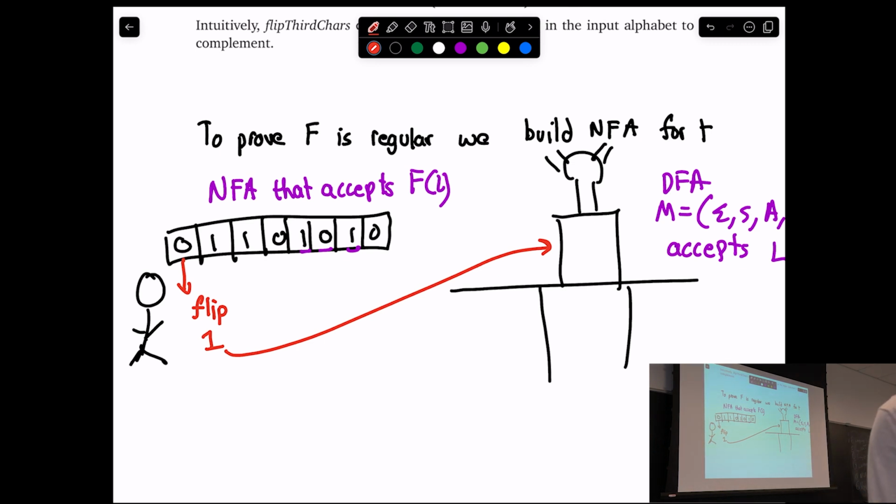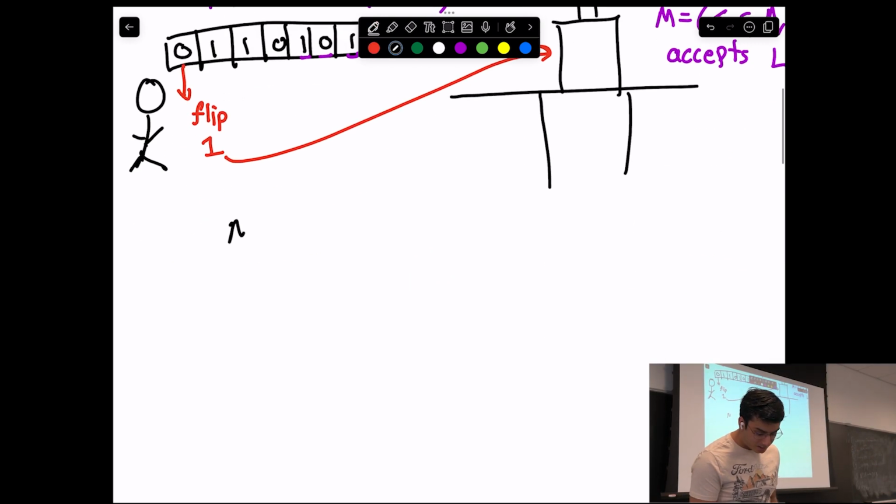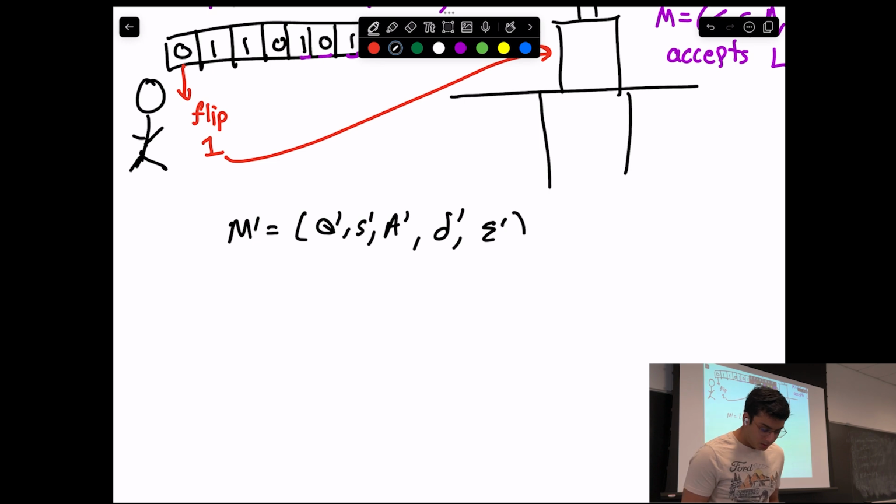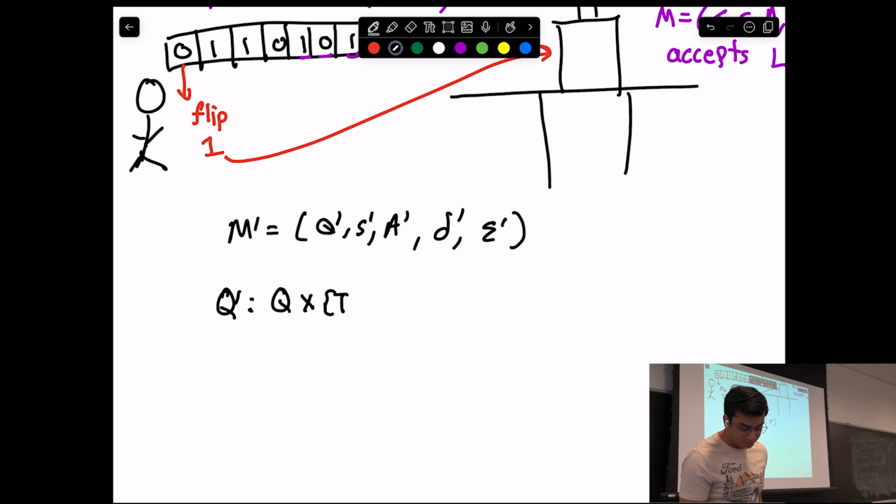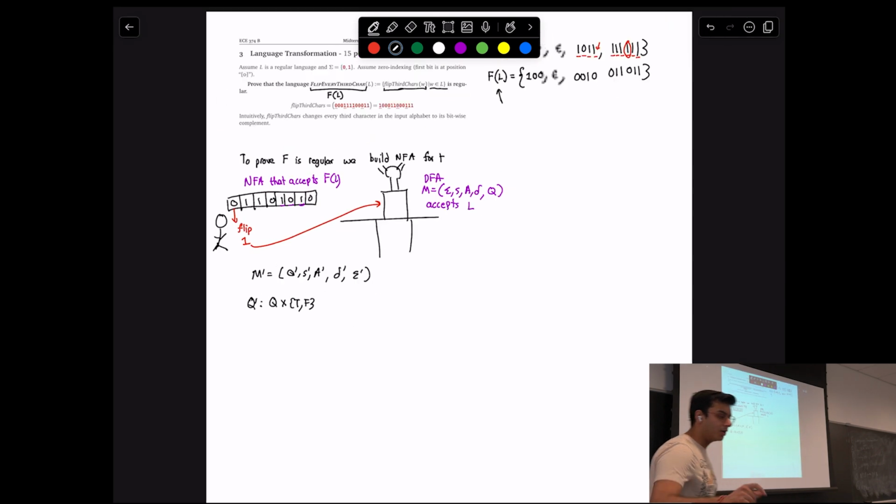What's the issue with using just true or false? Let's say I make my new set of states, Q prime. So M prime is a tuple that consists of Q prime, S prime, A prime, delta prime, and sigma prime. I have two options, flip or not flip. So I say I want my Q prime to be Q cross {true, false}. Why won't this work?